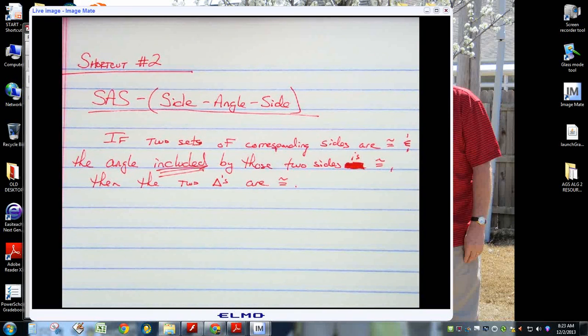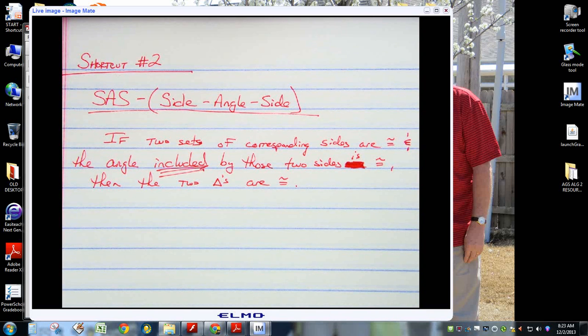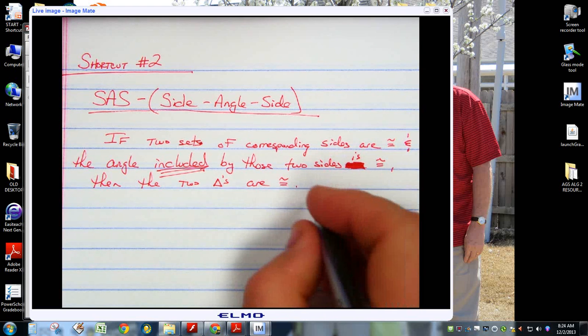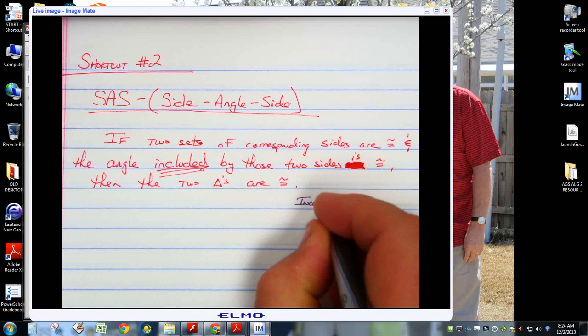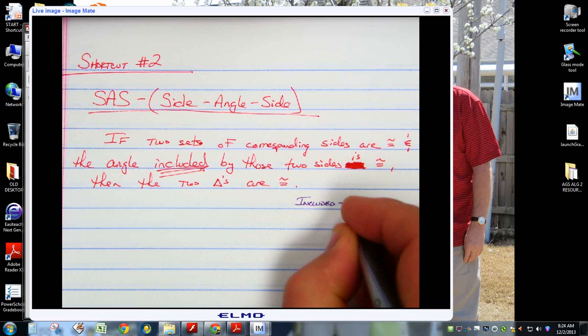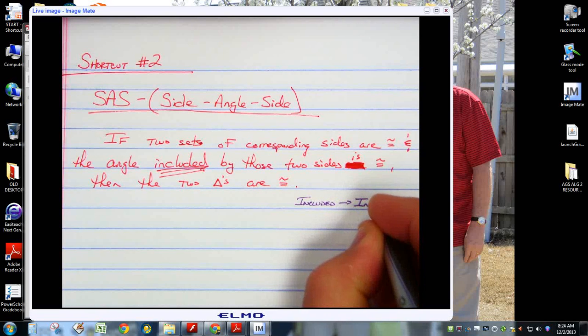This is one of those ones where the picture helps you more than anything. First of all, let's talk about the word included. I think you need to think of included in geometry as basically meaning in between.